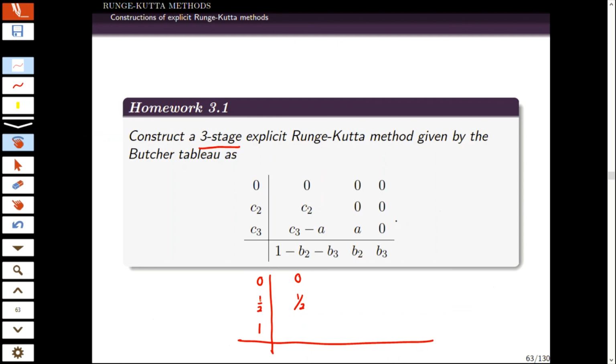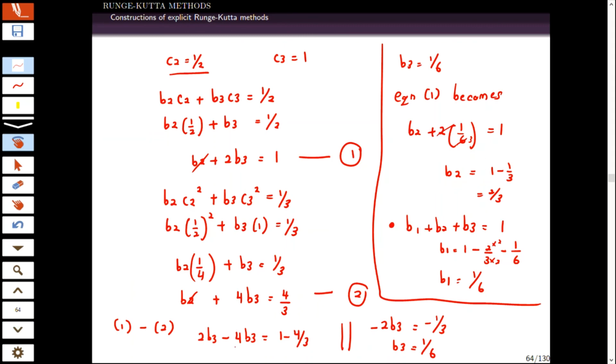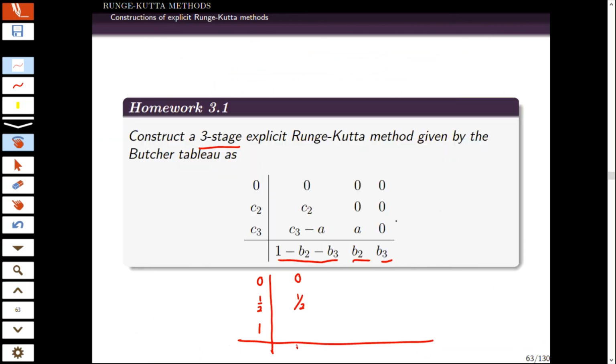We don't know A, but I know this is my B1, B2, B3, which I've already obtained here. B1 is 1/6, B2 is 2/3, B3 is 1/6. Now this is 1 minus A, and 0. This is 0. Okay, so how to find A?